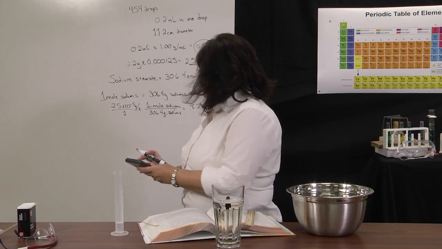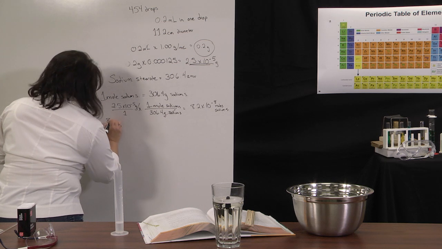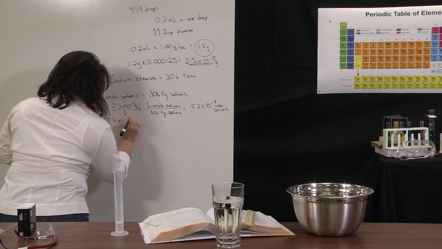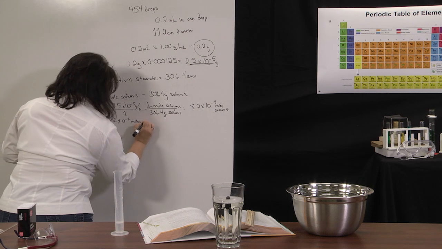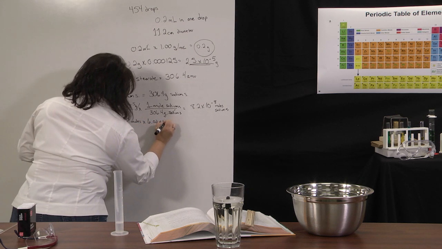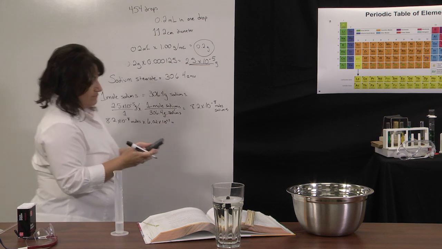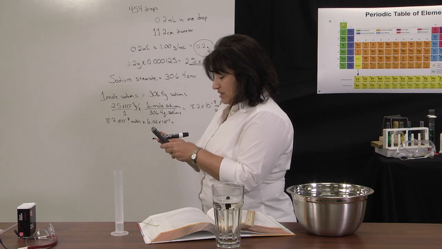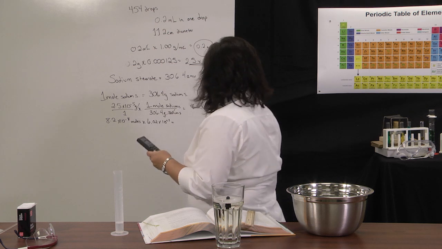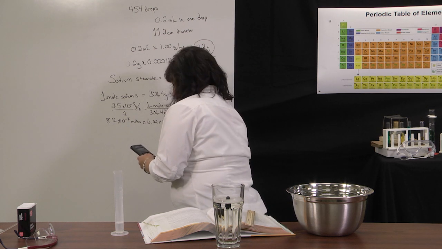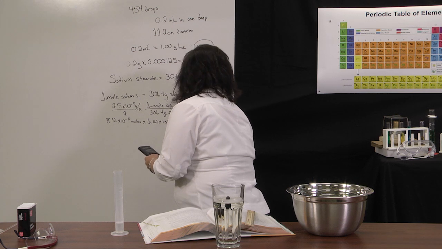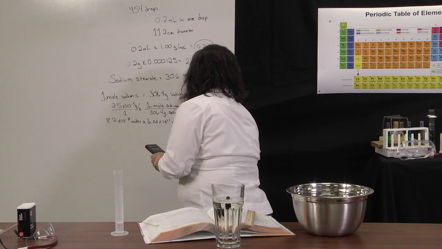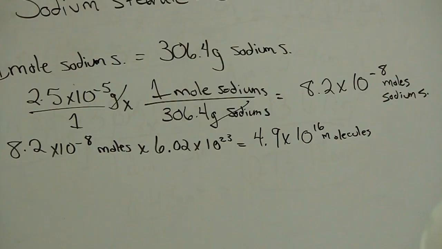So I'm going to take my number here, 8.2 times 6.02 times 10 to the 23rd, and I get 4.9 times 10 to the 16 molecules in that number of moles. Okay, so that's how many molecules are in the amount of moles. They're floating across the surface of that water.